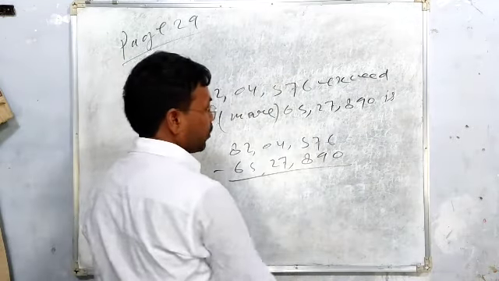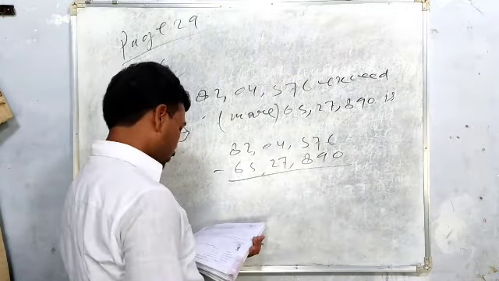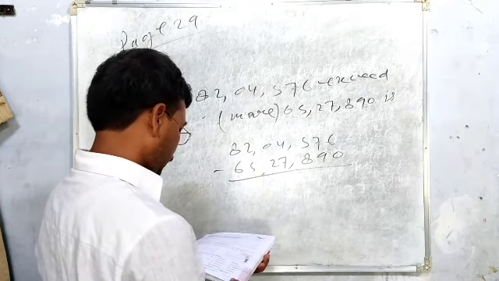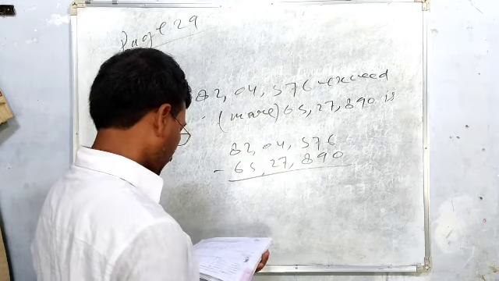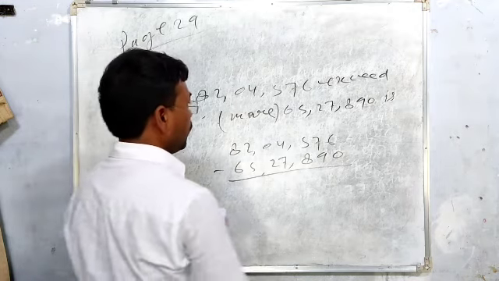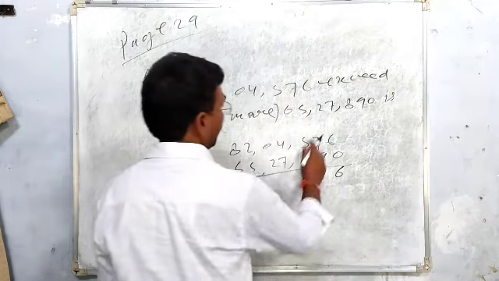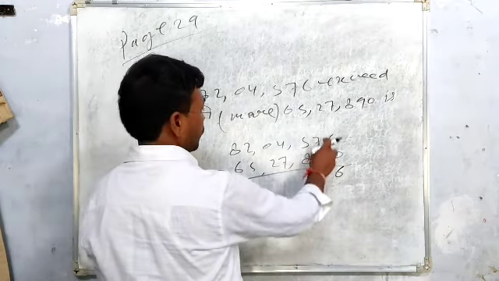We start from the ones column. 6 minus 0 is 6, and here you can't subtract 9 from 7.